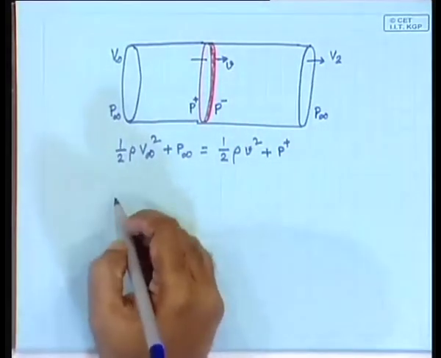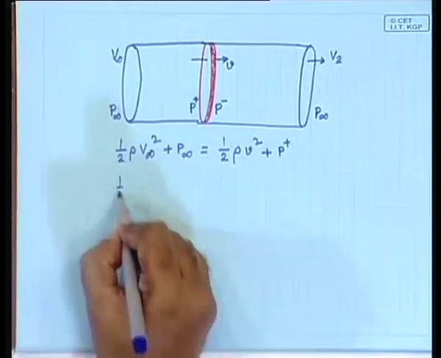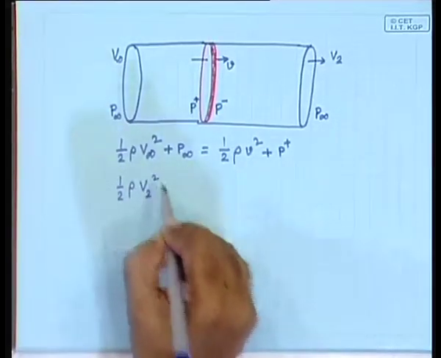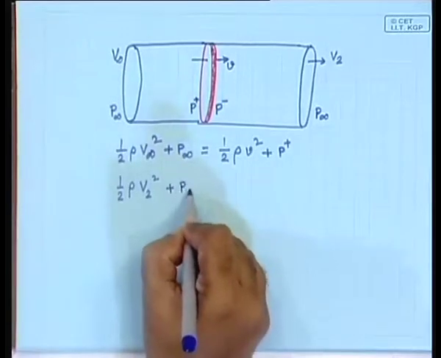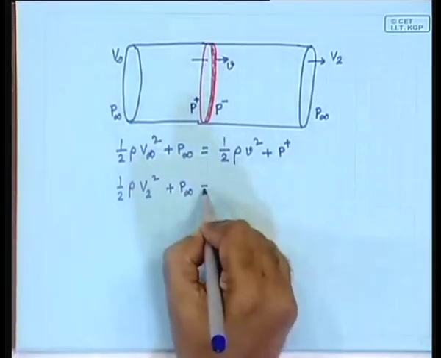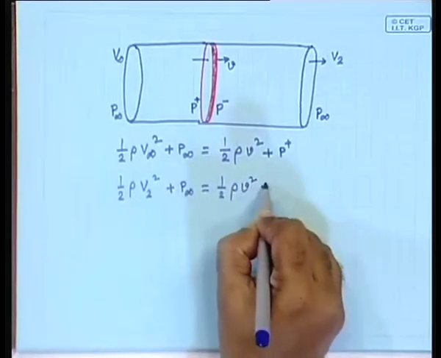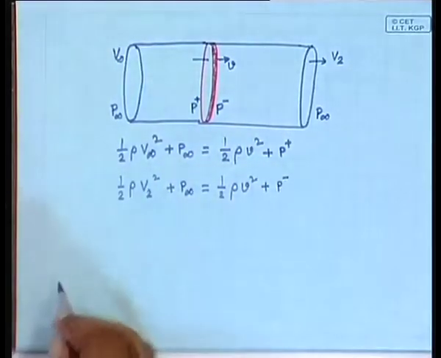So, half rho v2 square plus P infinity here is equal to half rho v square plus P minus.